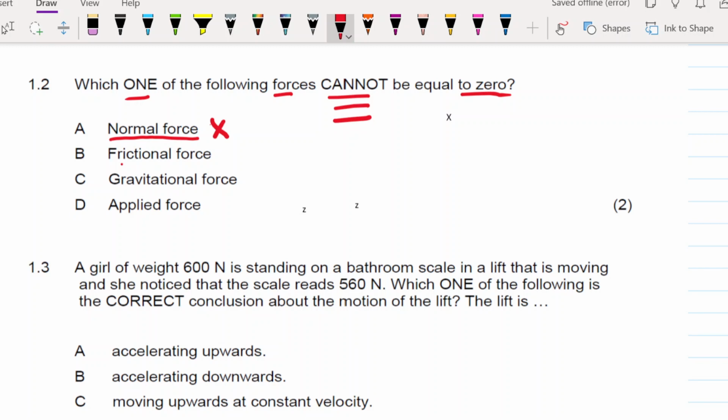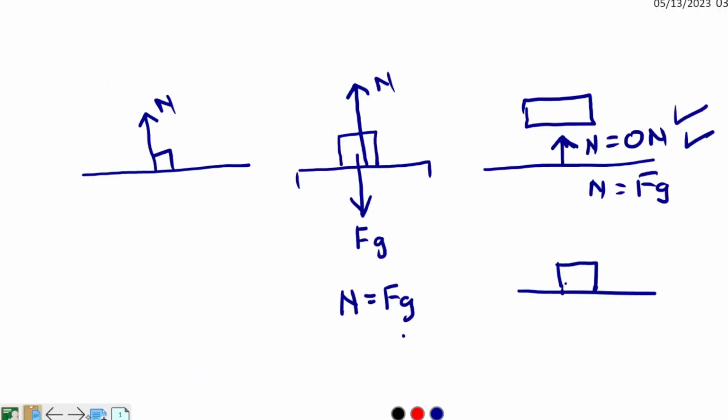Now let's look at option B, the frictional force. By definition first, what is the frictional force? The frictional force is the force that opposes the applied force or the motion of the object.